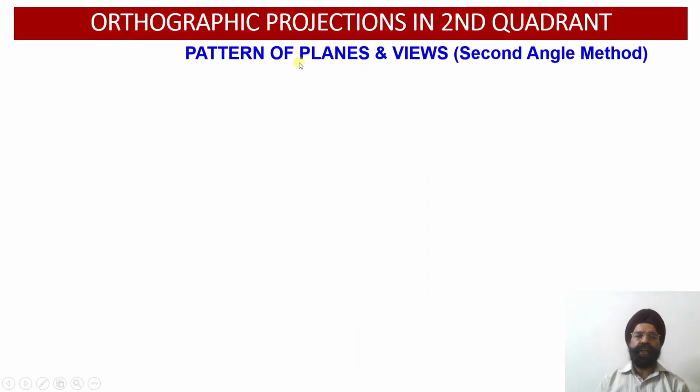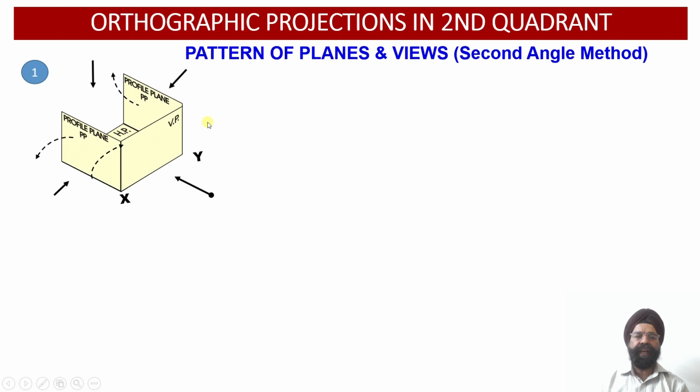Now let us observe the pattern of unfolding of all of these views in the second angle projection method. When the object is located behind the vertical plane and above the horizontal plane, we assume that the object lies in quadrant number 2.